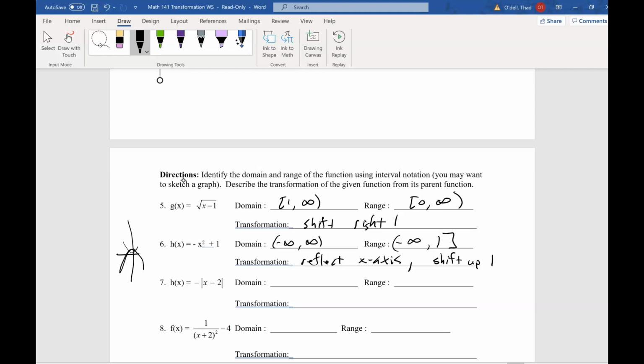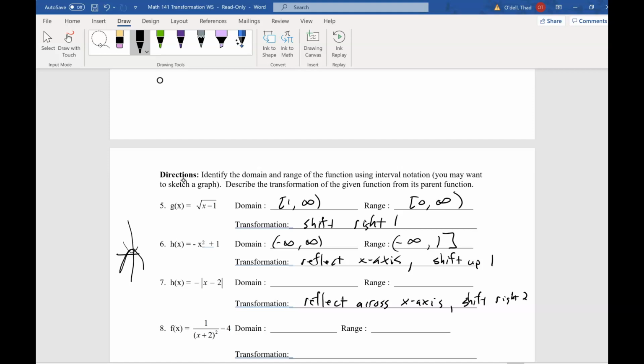And number 7 is an upside down absolute value function. So that would be, because it's reflected across the x-axis and it's shifted to the right 2.